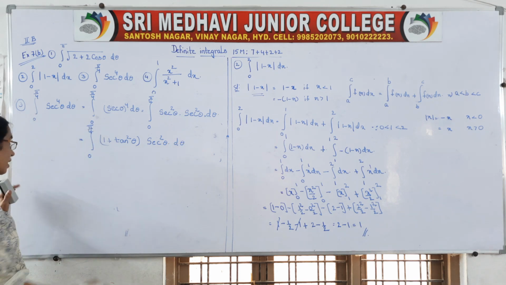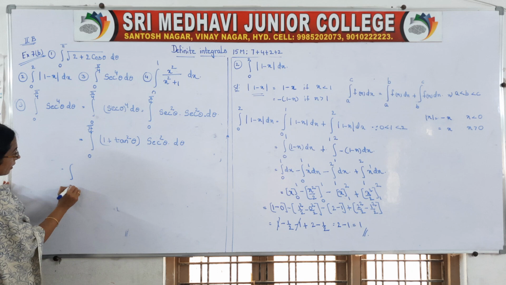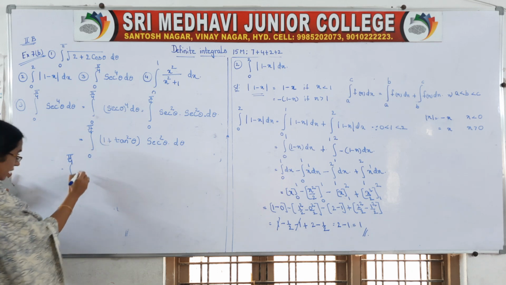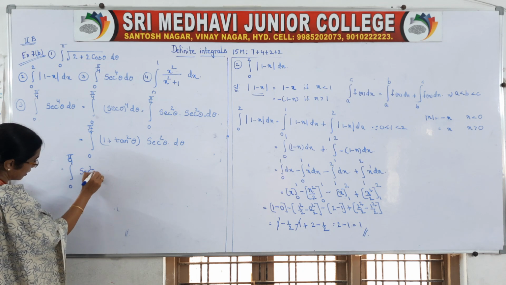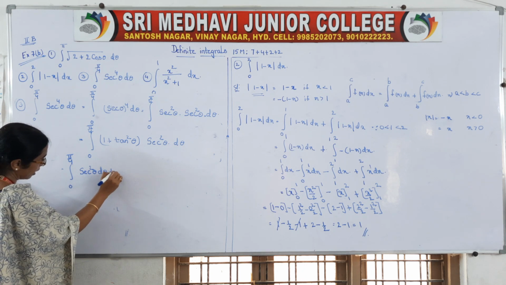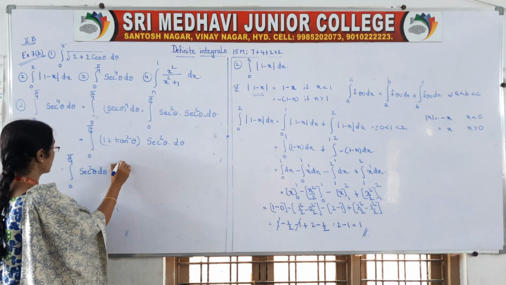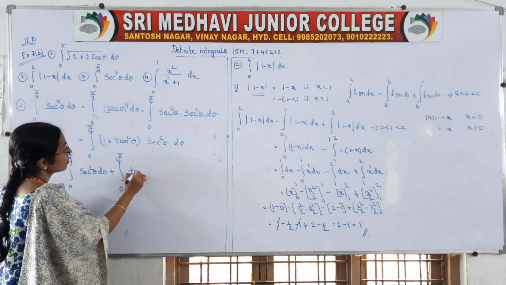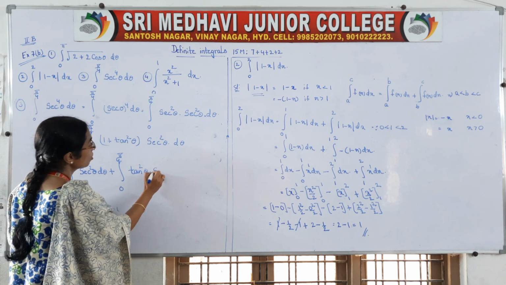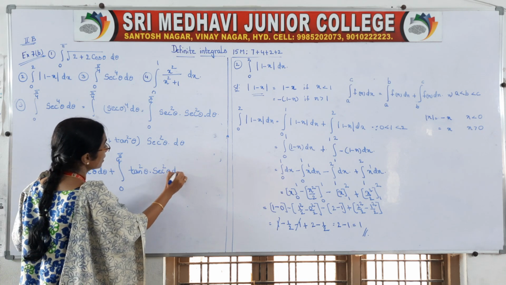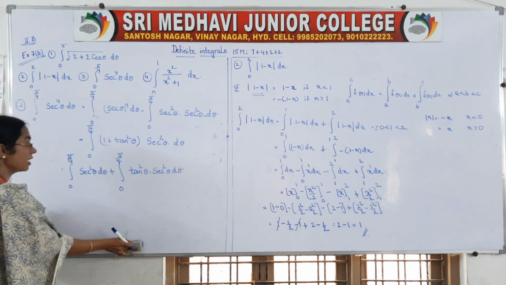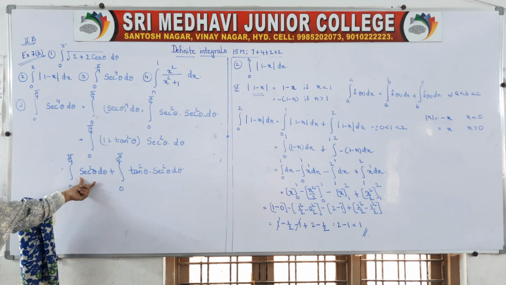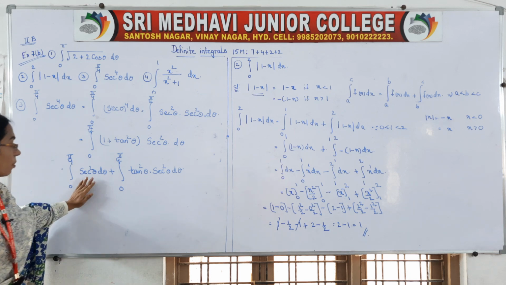Now write separately, is equal to integral 0 to pi by 4 1 into secant square theta, that is secant square theta d theta, plus integral 0 to pi by 4 tan square theta into secant square theta d theta. So here this is a direct formula. Integral secant square theta is tan theta, no problem for this.